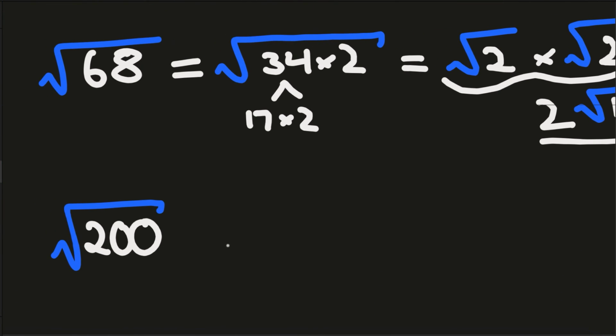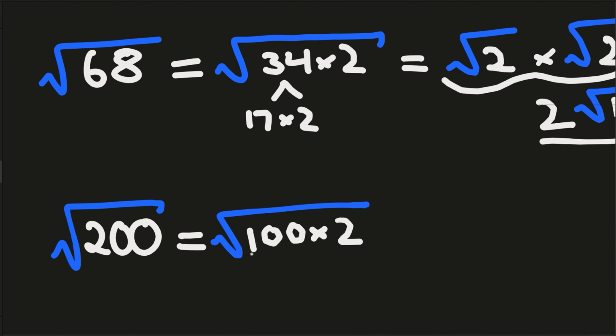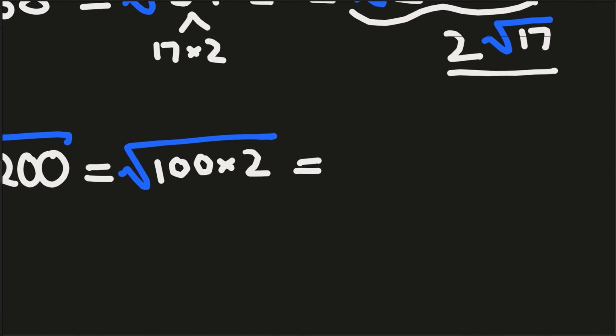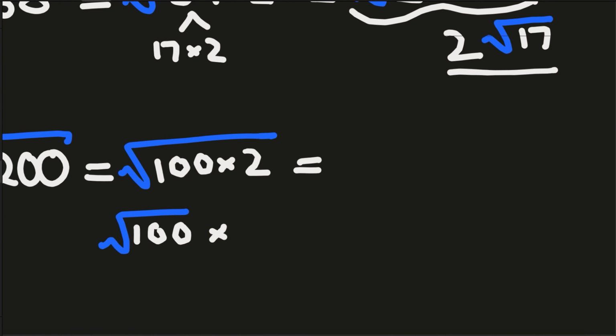Now the square root of 200. We know 200 is really 100 times 2. We can break down 100, but it is more convenient if we write the square root of 100 times the square root of 2.